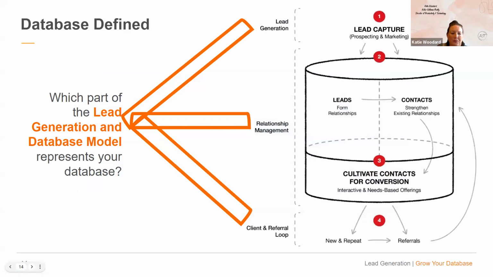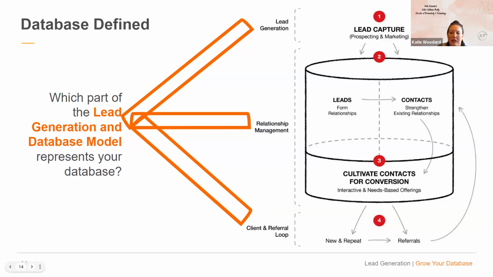Which part of the lead generation and database model represents your database? The lead generation, relationship management, and the client referral. So as we talked about, this is a funnel. With prospecting and marketing, we capture the leads. They go in. Leads are where you're forming the relationship.